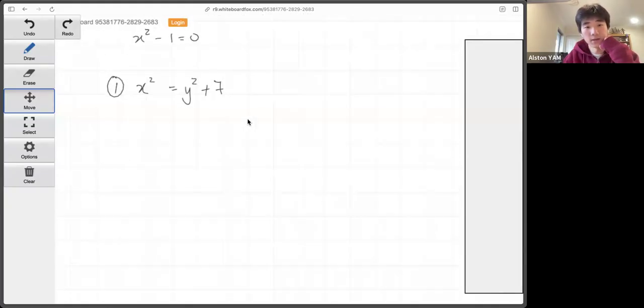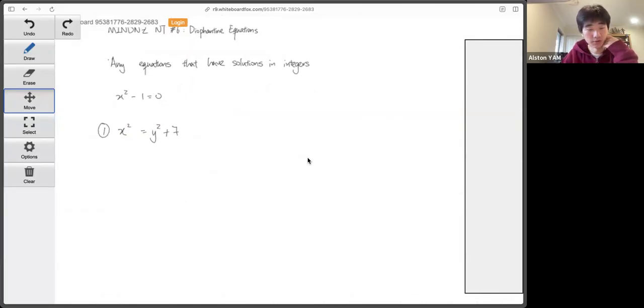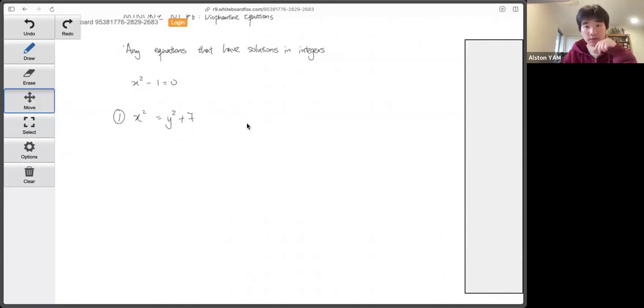We want to find all pairs of solutions x and y in the integers. Here the integers can be positive or negative.